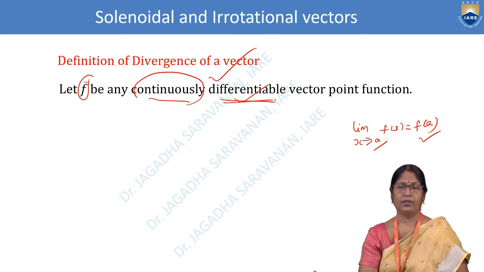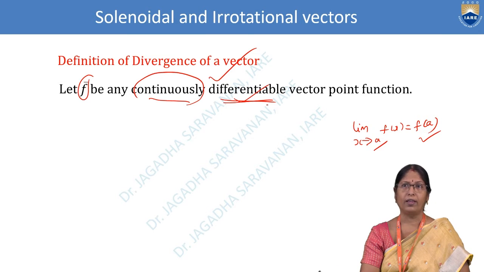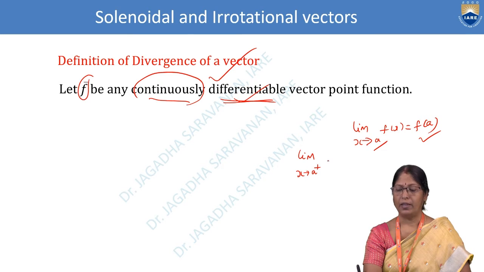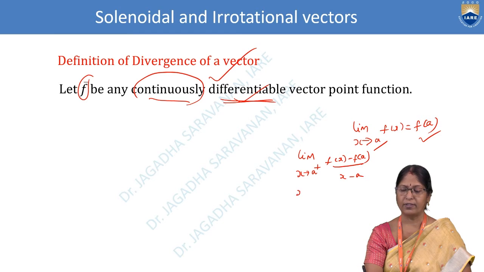Differentiable: if we want it at the point a, it is differentiable, then limit x tends to a plus, f of x minus f of a divided by x minus a, where x is greater than a.